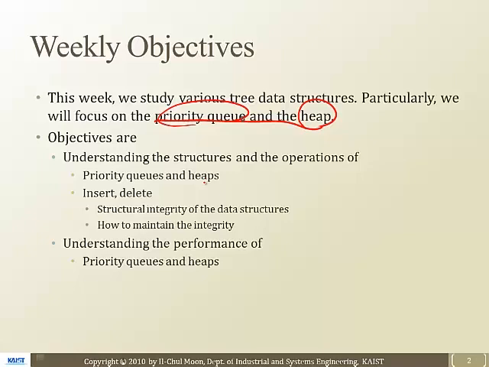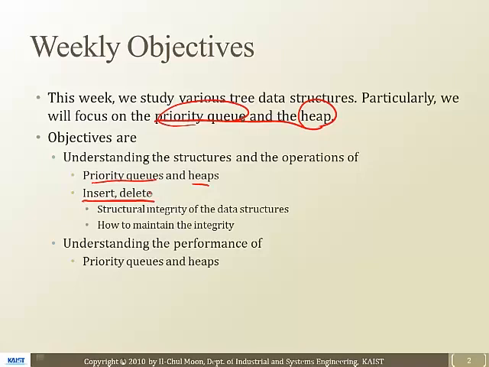These are the two aspects you have to know to implement and utilize a data structure. Here we are going to study the structures and operations of the priority queue and heaps, and in particular, insertion and deletion.